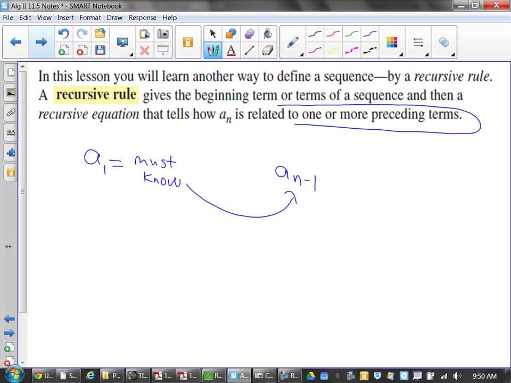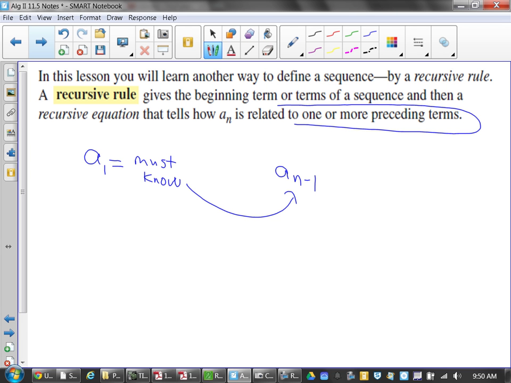All right, I got a couple of examples of both arithmetic and geometric, and then we'll go from there. All right? So let's look at that example. Sorry. I'm just saying that you must know the first term in order to write a recursive rule. That's all I'm saying.